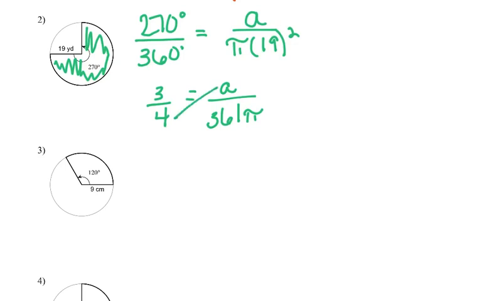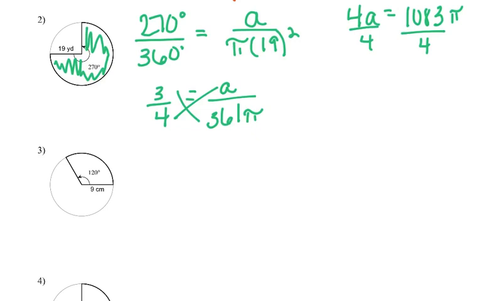And we're going to cross multiply. 4 times A is 4A. 3 times 361 is 1,083 pi. And we're going to divide both sides by 4. 1083 divided by 4 is 270.75. I don't like that because we have to put that over pi.